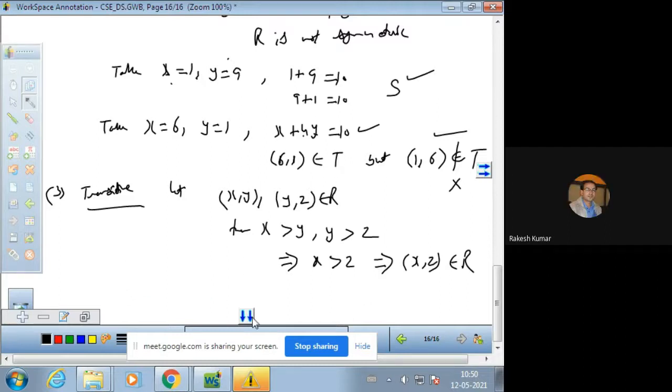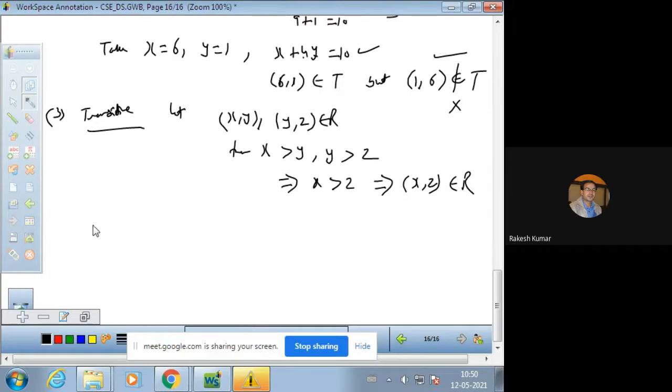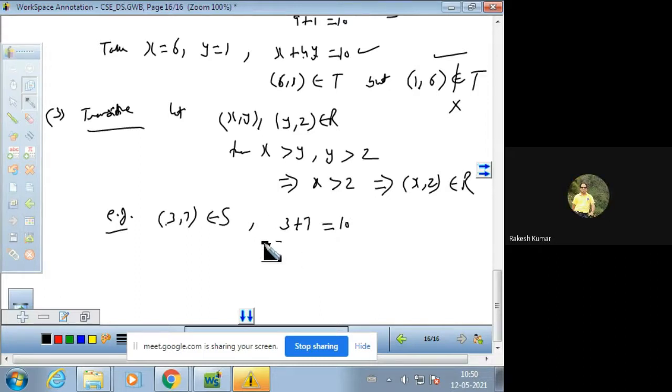For the relation S, for checking the transitivity of S, suppose we take the example (3, 7) belonging to S. x is 3, y is 7. Then 3 plus 7 is equal to 10, and 7 plus 3 is equal to 10.